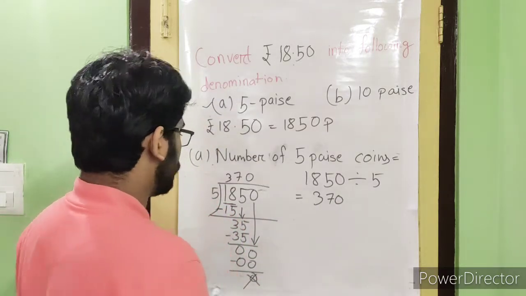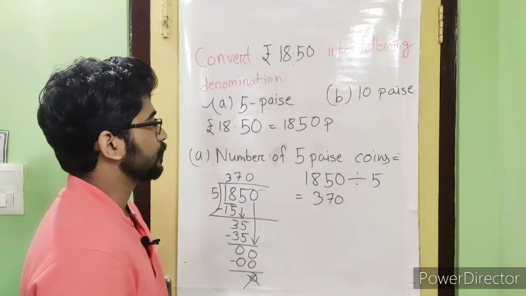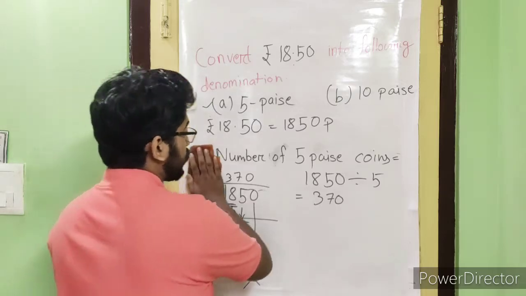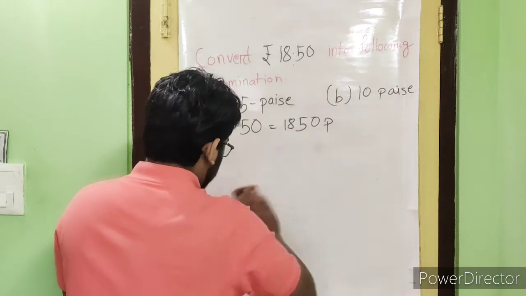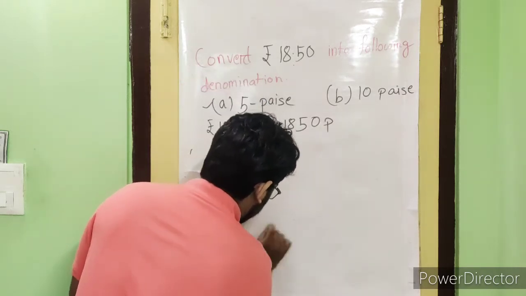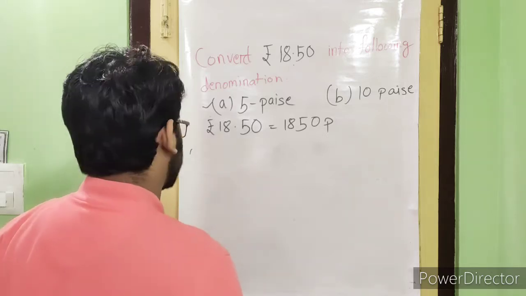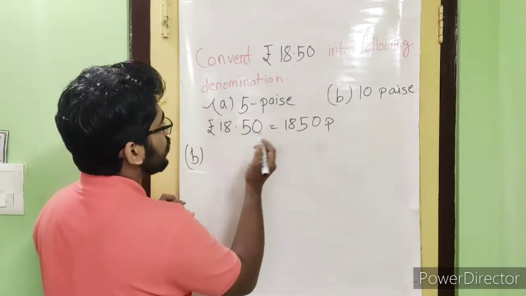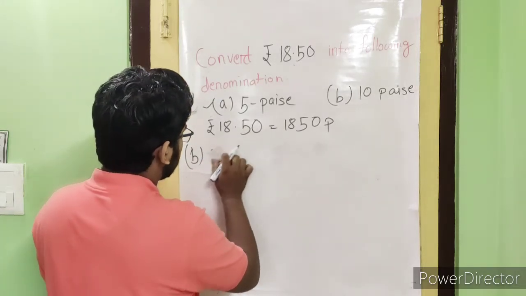What you need to do is pause the video and write it down. So our first calculation has been completed and after that we need to do the next one, which is B, 10 paise. So for 10 paise what will we do?